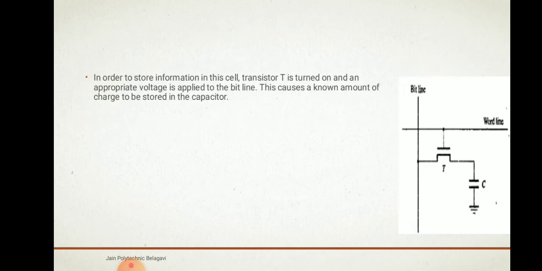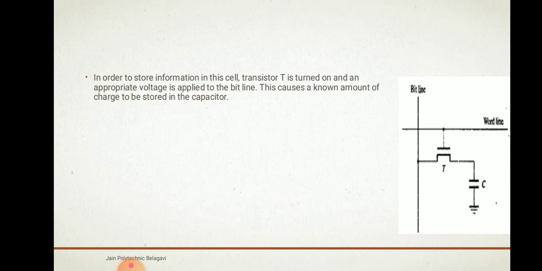Now here you can see the example of an asynchronous DRAM cell. In order to store information in this cell, a transistor T is turned on and an appropriate voltage is applied to the bit line. When we apply some voltage, it causes a known amount of charge to be stored in the capacitor.